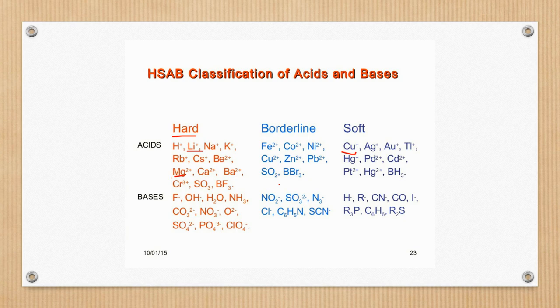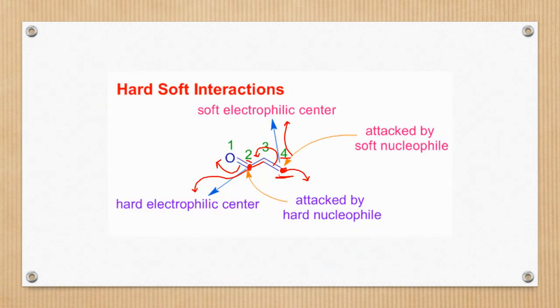So if you compare it with that knowledge, lithium and magnesium are hard metals, that is why they will attack the hard electrophilic center. That means they will give you the 1,2 addition product, not the 1,4 addition product, right?